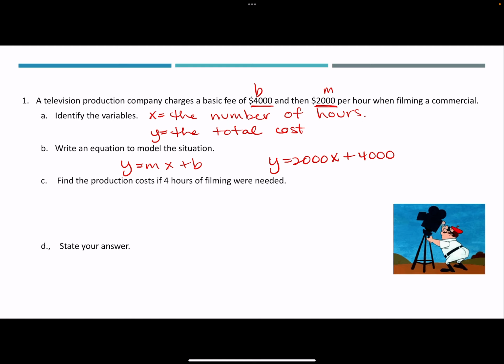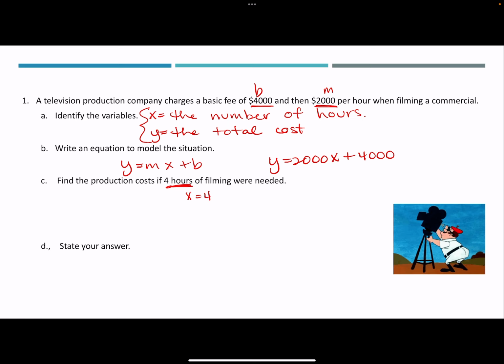Now, part C, find the production costs if 4 hours of filming are needed. I need to think about going back to my variables, X and Y. X is the number of hours, so that's telling me that X is 4.